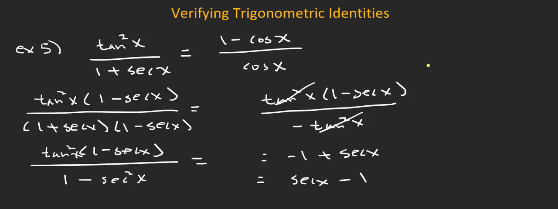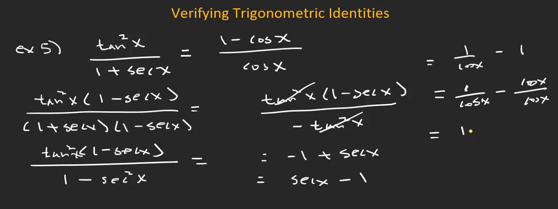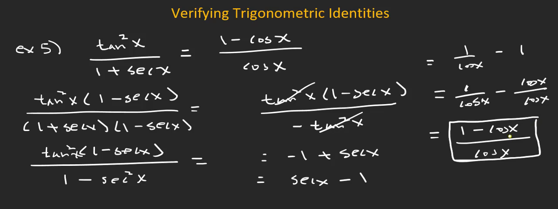Now what is secant x? That's 1 over cosine x minus 1. And what is the common denominator? That's cosine x. So 1 over cosine x minus cosine x over cosine x, which is 1 minus cosine x over cosine x, and that's what we had to prove. We just verified it.